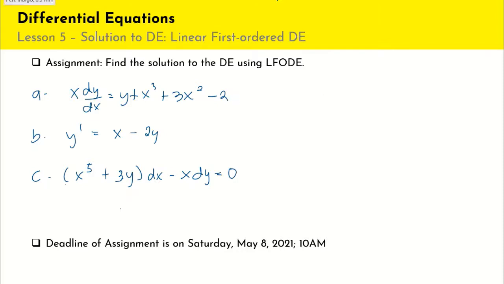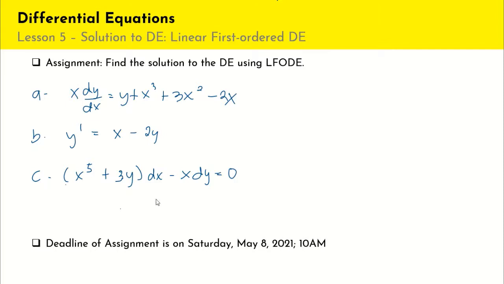Letter B: y prime is equals to x minus 2y, and letter C: open and close parenthesis x to the 5 plus 3y dx minus x dy equals to 0.